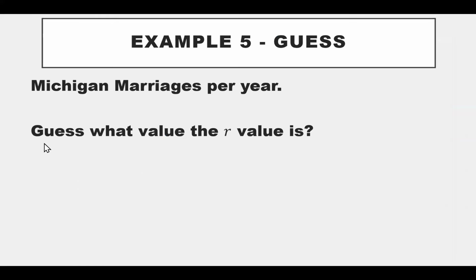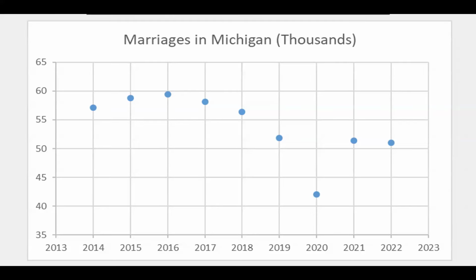So if I were to look at that, what would I guess the R value is? If I were to look at this scatter plot, well, in general, over time, it looks like it's going down, but it's not really a strong correlation. It doesn't look like a straight line.